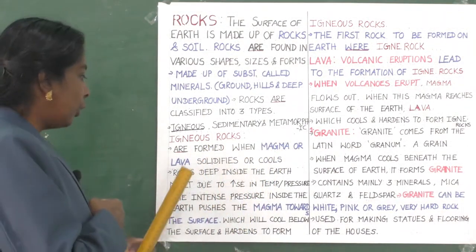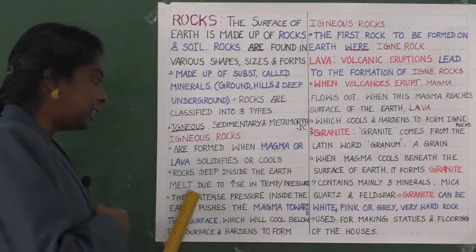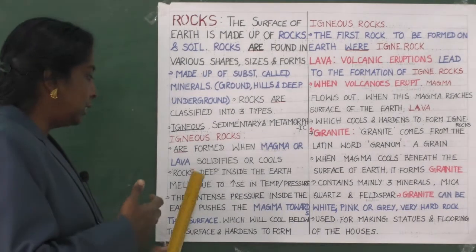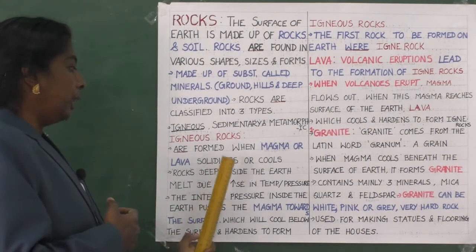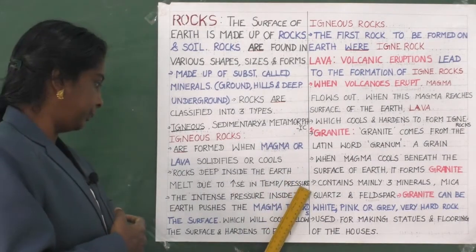Clear? Then rocks deep inside the earth melt. Why do they melt? Due to increase in temperature or pressure.